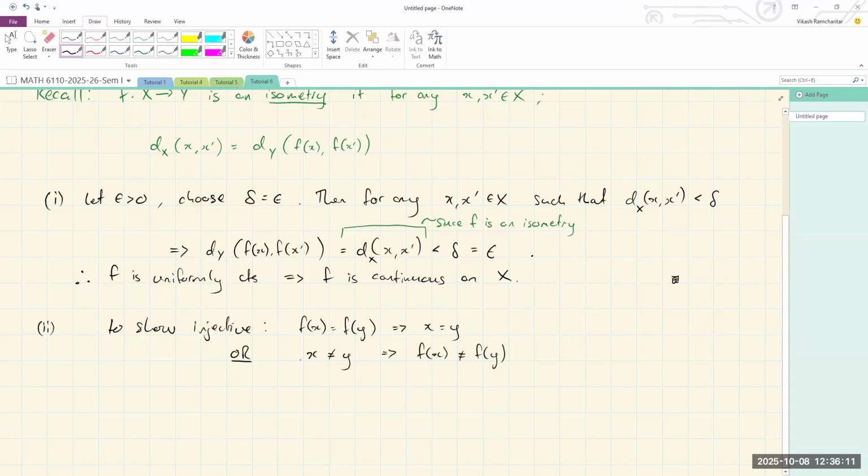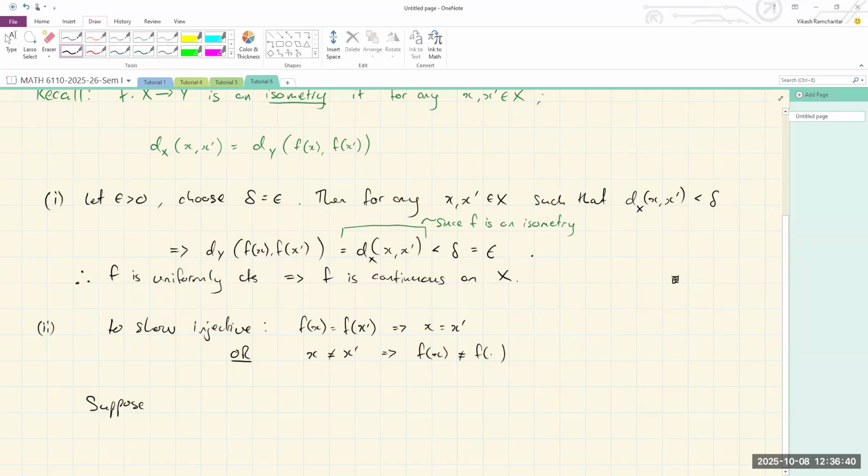So let's try to do it using the second one. Okay, so let's say suppose, so I don't want to use y because the metric space goes from x to y. So maybe I shouldn't have used the letter y here, right? Maybe let's stick to x and x prime.